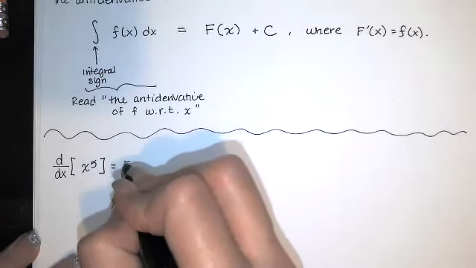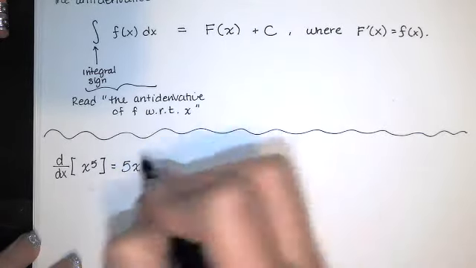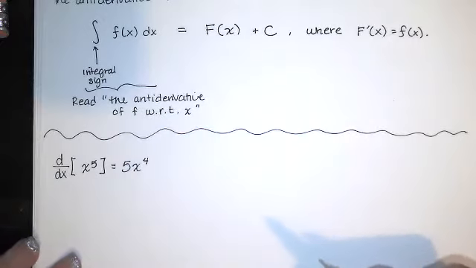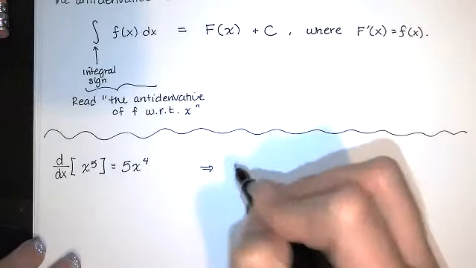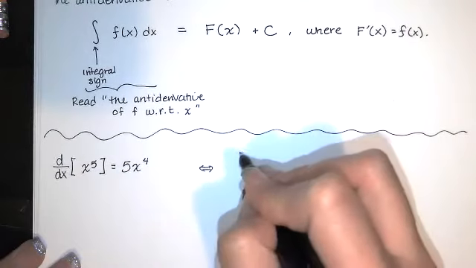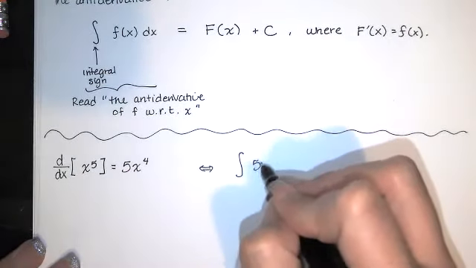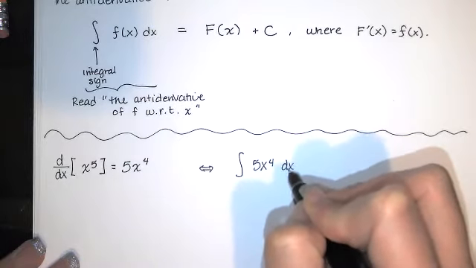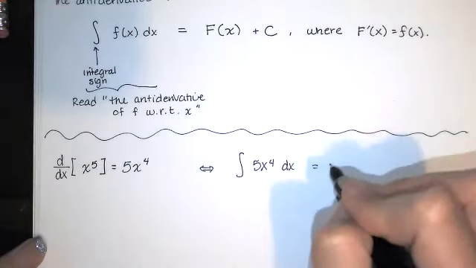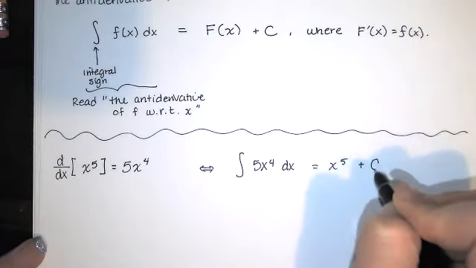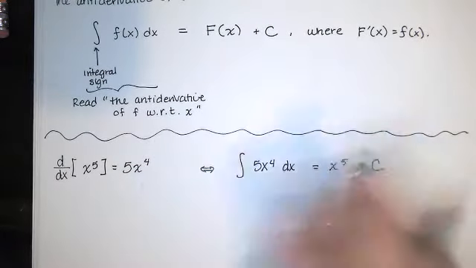We bring the power down and multiply by x to the 1 less power. So the derivative of this is this. Well, that's equivalent to saying the antiderivative of this function is x to the fifth plus c.